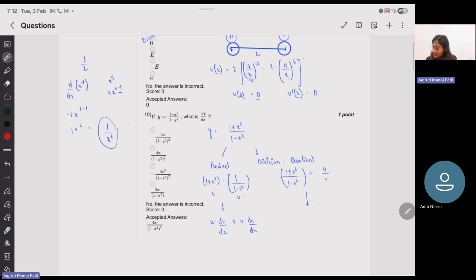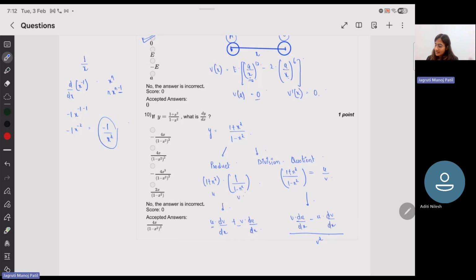Or if you want to do it this way, there's another rule for it. You first take u, then you subtract, keep u here, differentiate v, and divide by just v square, right? That's it. Now you see you have u and v both together.